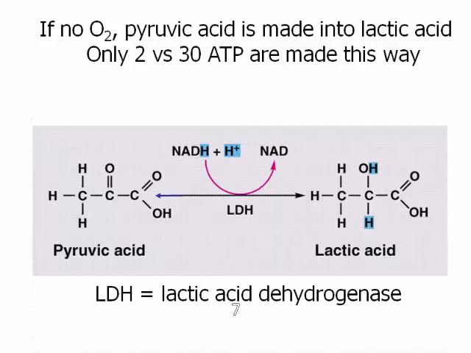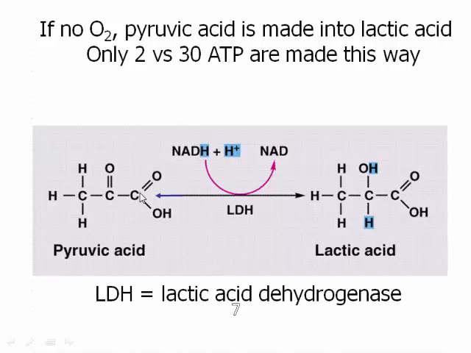So let me ask you, going from left to right, here we go. Let's try it. What is reduced and what is oxidized? When you go from left to right, what is reduced? So remember, you get to choose from the reactants. If I ask you what is reduced as you go left to right, you get to choose either NADH or pyruvic acid.